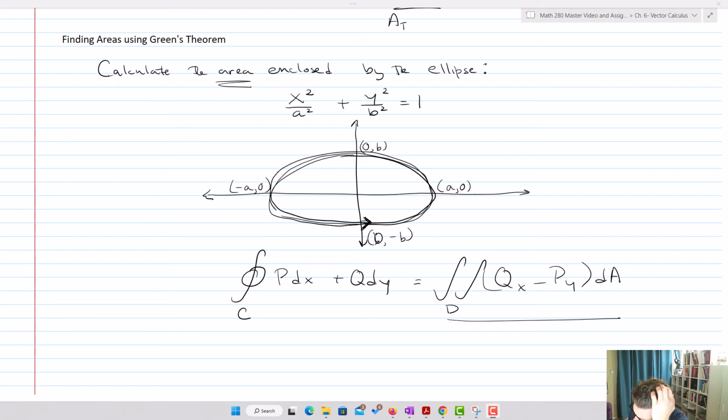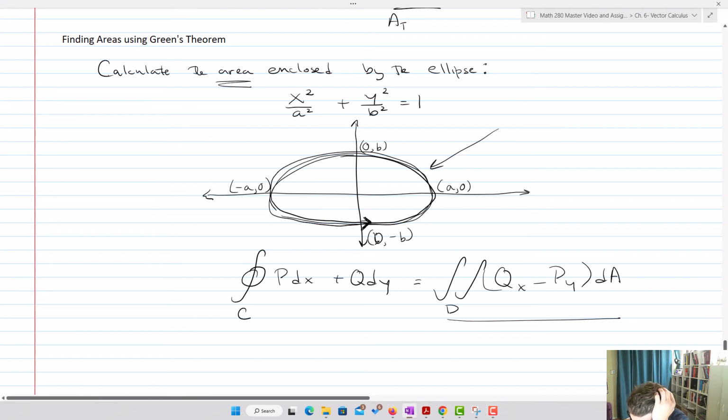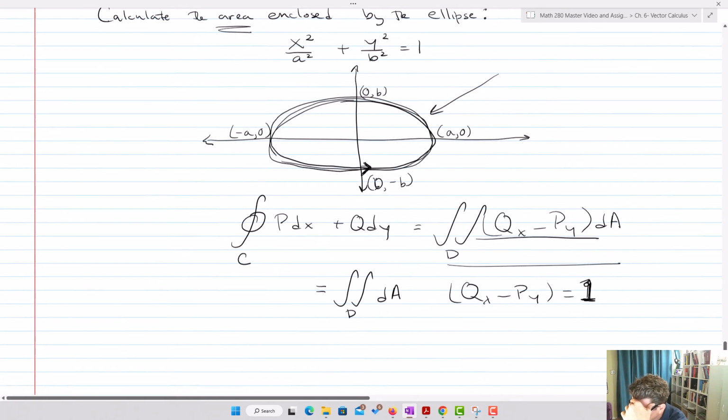So the area of this region is going to end up equaling the double integral over D of just dA. So what that means is that we're going to need Qx minus Py to equal 1. So we're going to need an appropriate function for Q and P to allow this to happen.